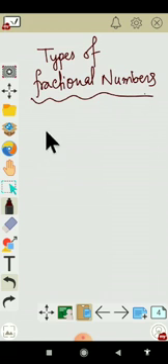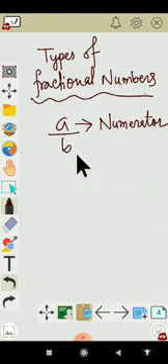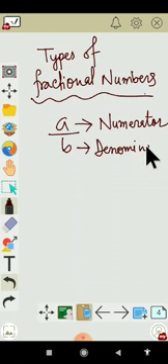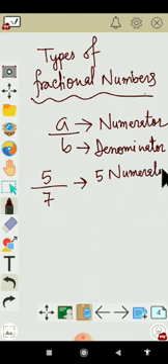In every fractional number you will find this form, where the upper number is called the numerator and the lower number is called the denominator. Numerator by denominator. So in 5 by 7, here 5 is the numerator and 7 is the denominator.